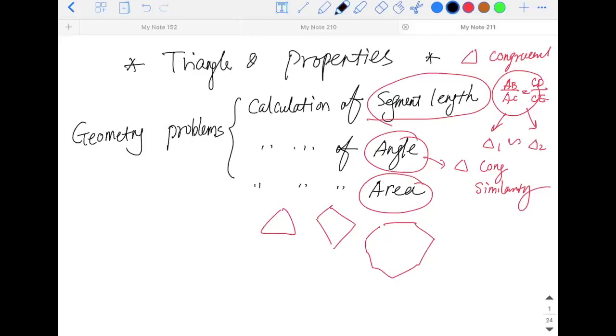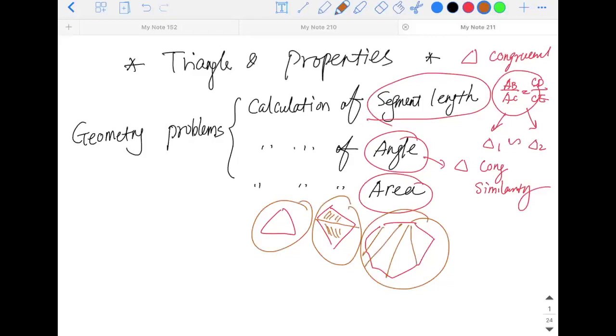A triangle, right? We know some different techniques to determine the area of a triangle. So that being said, if the question asks you to determine the area of a quadrilateral or even a polygon, most likely you're going to break them into different triangles. Is it right? Break them into different triangles and you can solve the problem in different triangles.